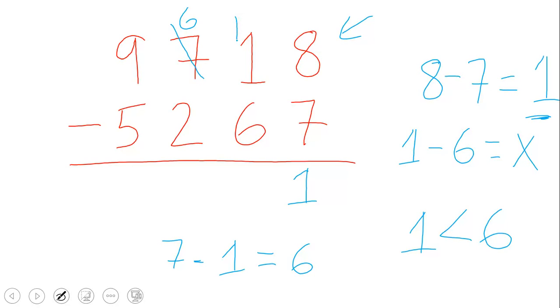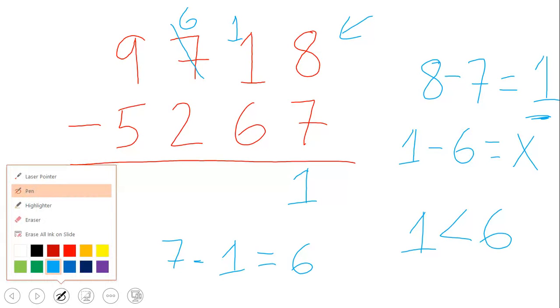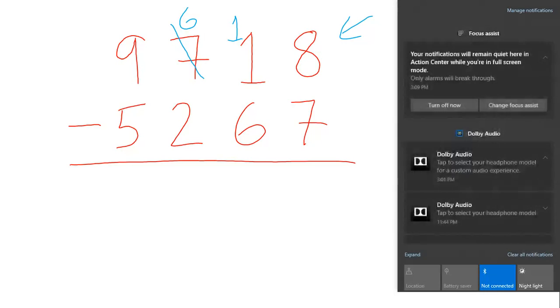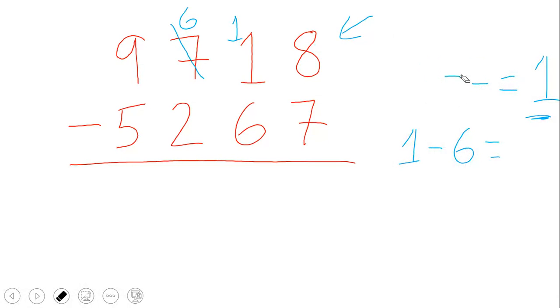We put the 1 that we got from him there, and we view this not as 1 and 1, but as 11. So the question now becomes not 1 minus 6, but 11 minus 6.